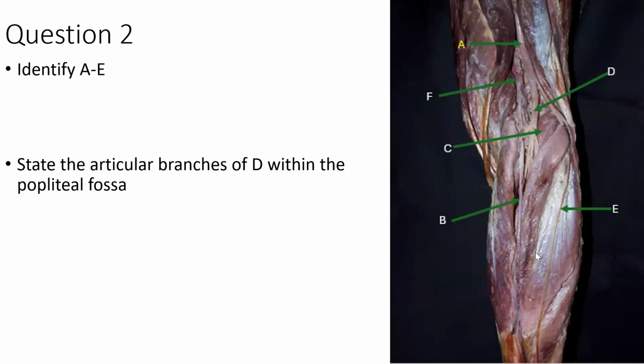Wow. Okay, what is D? Tibial nerve. Very good. Now that's your tibial nerve. What is E? Common peroneal, is it?